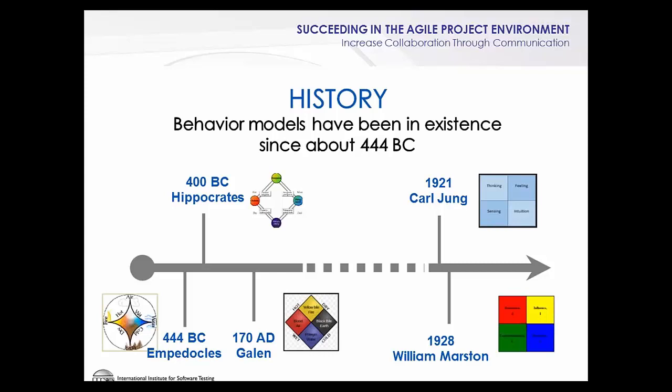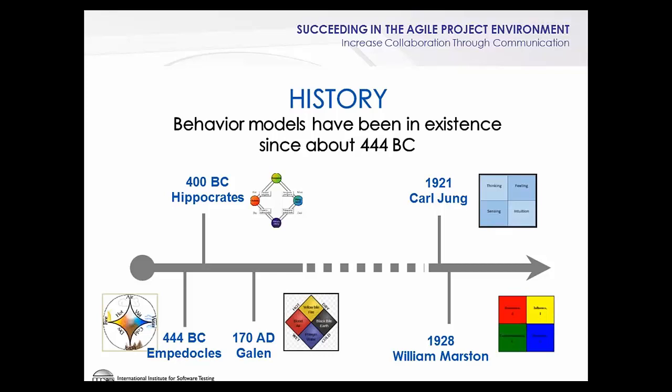An interesting thing about him is he also created the Wonder Woman character, and he wrote the first Wonder Woman comic book. But he is the one that developed what we're talking about today, DISC, back in 1928. He identified the 4 dimensions of dominance, influence, steadiness, and compliance.